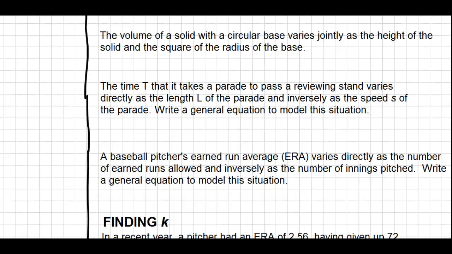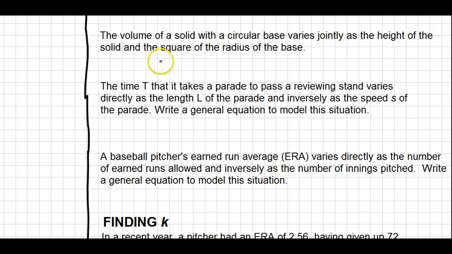So we're just going to do a bunch more examples here, and then we'll label them as we go. Next example. The volume of a solid with a circular base varies jointly as the height of the solid and the square of the radius of the base. So this one we just need to choose some variables as we go.